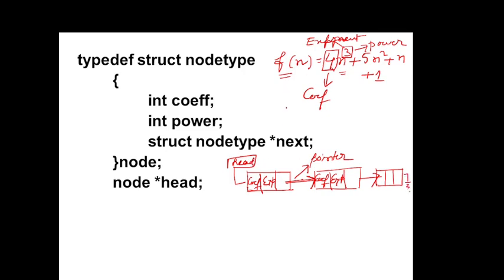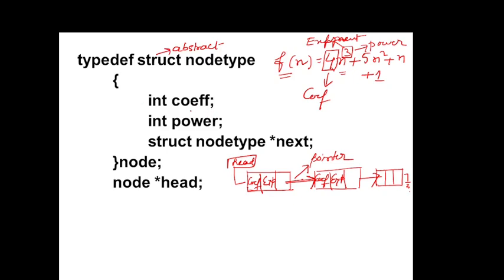Now this kind of linked list we can represent in terms of a structure. A structure is an abstract data type because it can combine many things. It can combine variables, functions, etc. in C programming, and in object-oriented programming it is a class. A class also is an abstract data type.